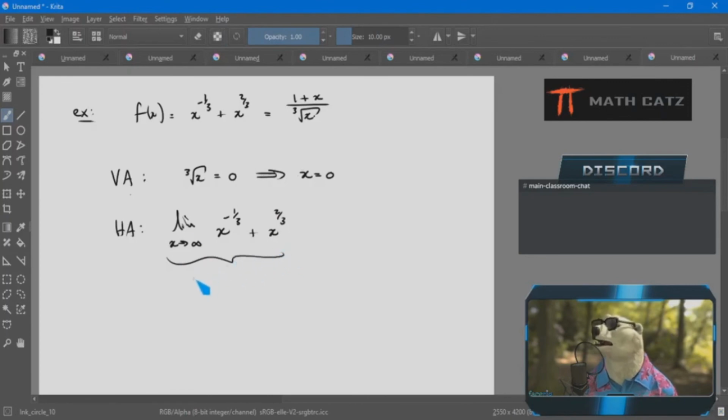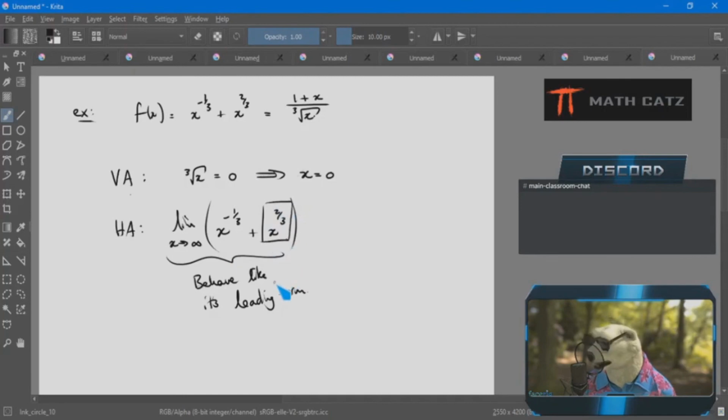This is going to behave like its leading term. What is the leading term? It is the highest power of x. So this is going to be the same as, I'm trying to finish, we're almost there, the highest power of x, or the most positive, the furthest on the number line to the right, however you want to say it.